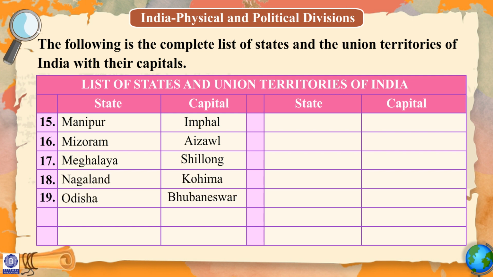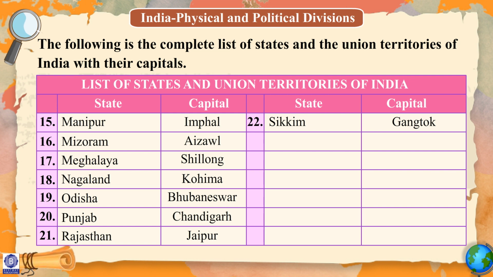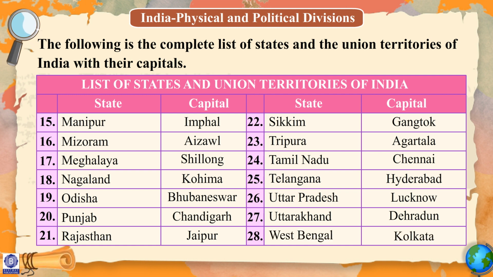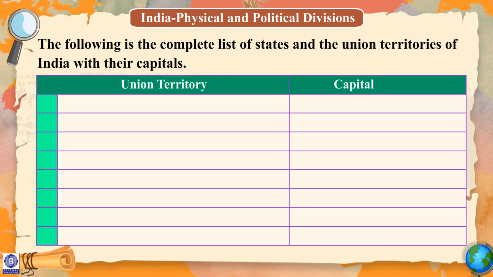Nagaland, Kohima; Odisha, Bhubaneswar; Punjab, Chandigarh; Rajasthan, Jaipur; Sikkim, Gangtok; Tripura, Agartala; Tamil Nadu, Chennai; Telangana, Hyderabad; Uttar Pradesh, Lucknow; Uttarakhand, Dehradun; West Bengal, Kolkata.